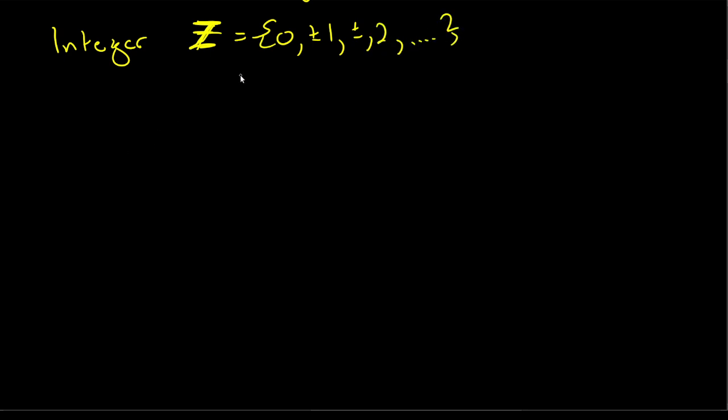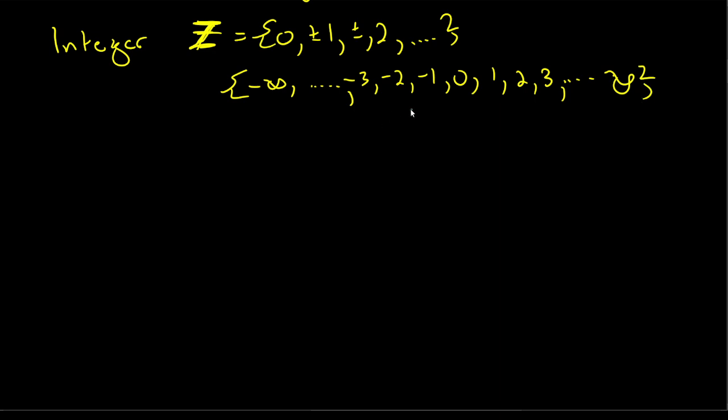And now we really have this set that goes from negative infinity to 0, and then from 0 out towards positive infinity. And in a way, we can think of this as an origin, and things on this side are the positive integers, and the things on this side are the negative integers.